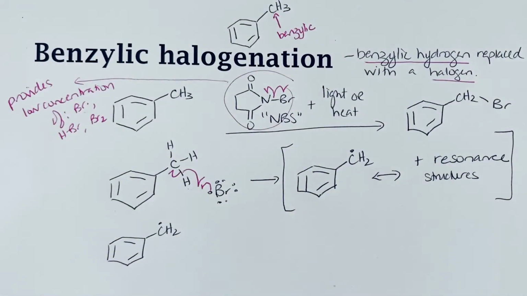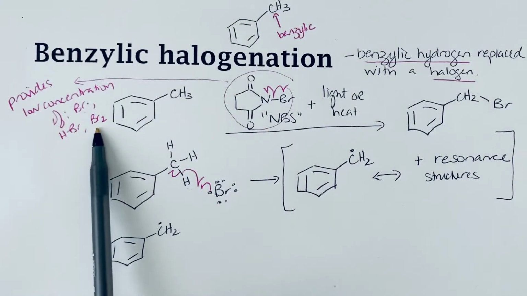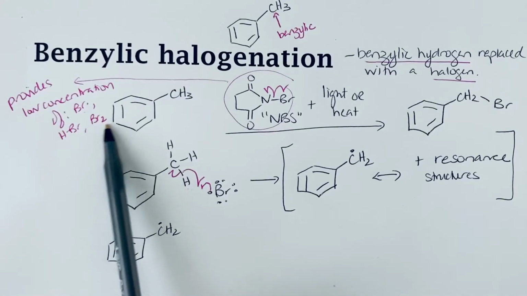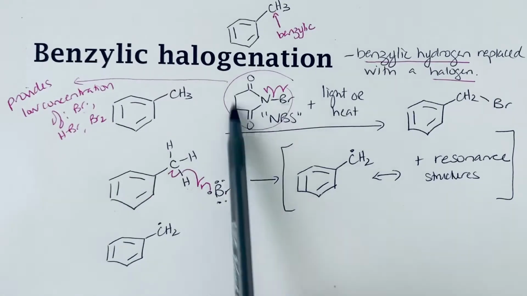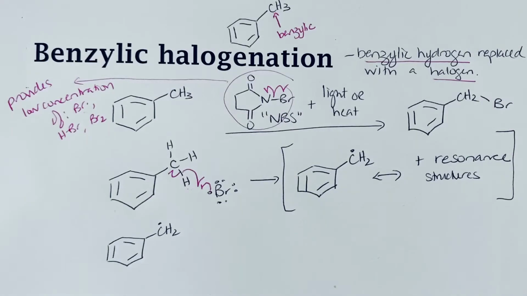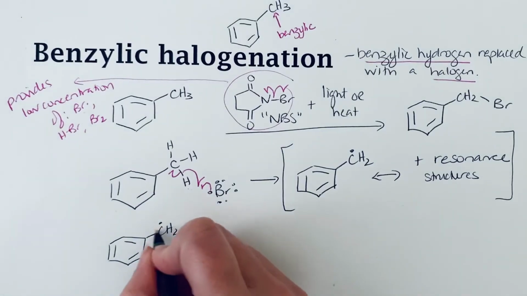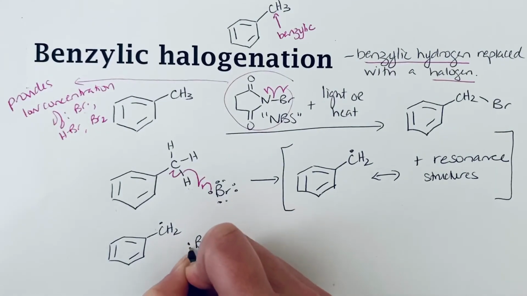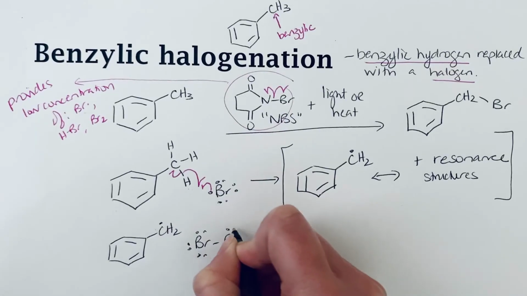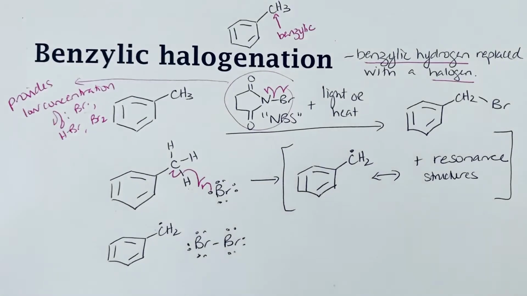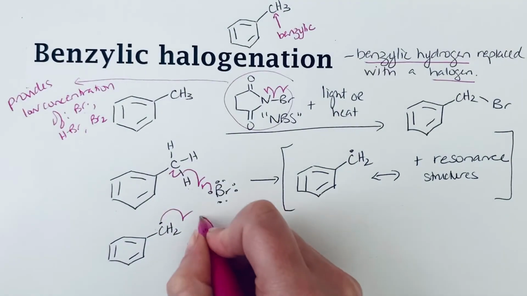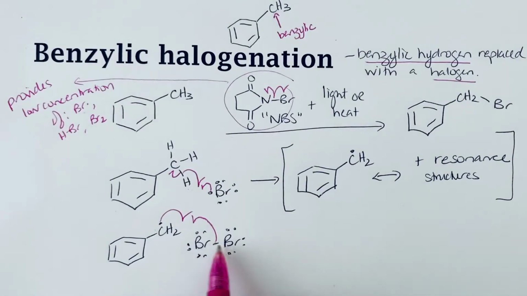it can react with a low concentration of Br2 in solution, and that Br2 is formed by a reaction of this HBr with a little bit of that starting NBS. But again, never in any large quantity at any given time. So if we have this benzylic radical and we have that molecular bromine, then we can show a propagation step that shows us how this radical is combining with one electron from the bromine-bromine bond.